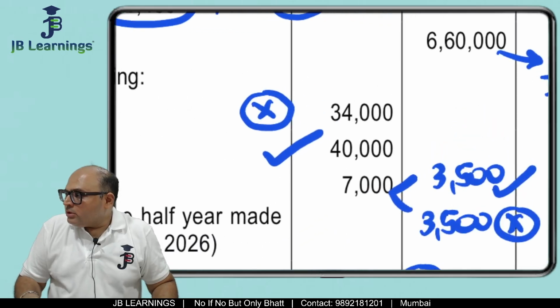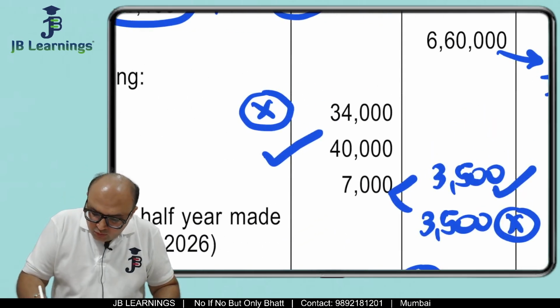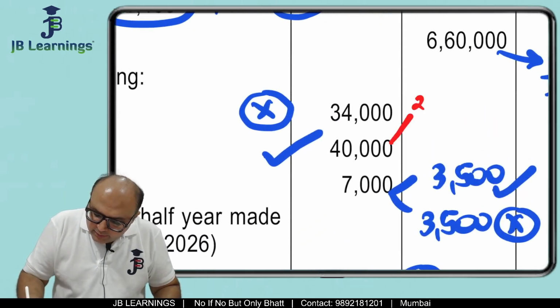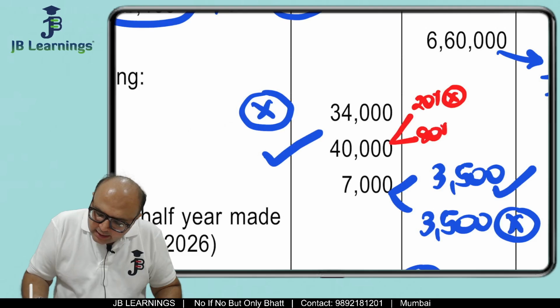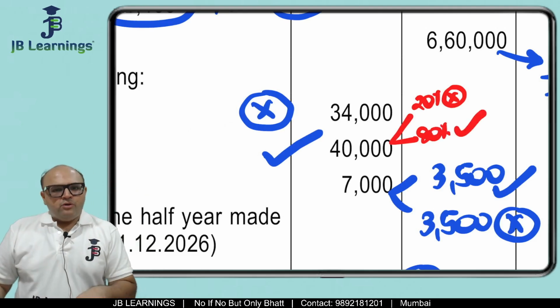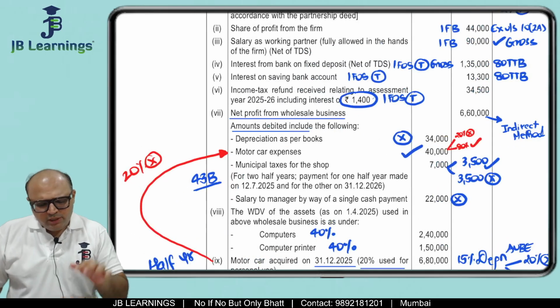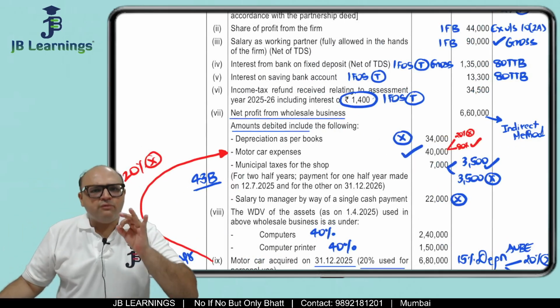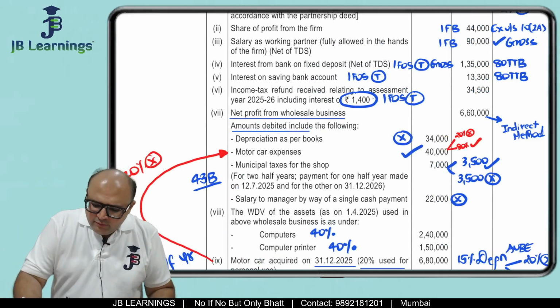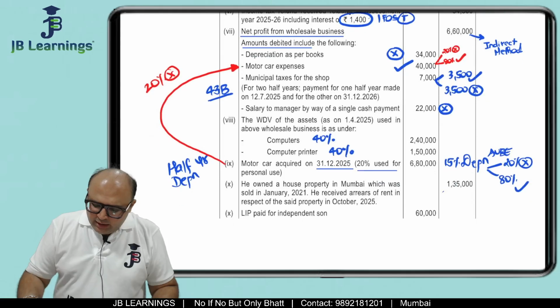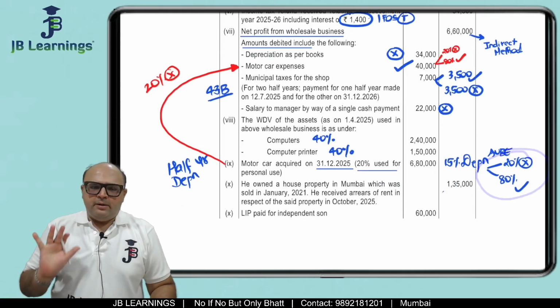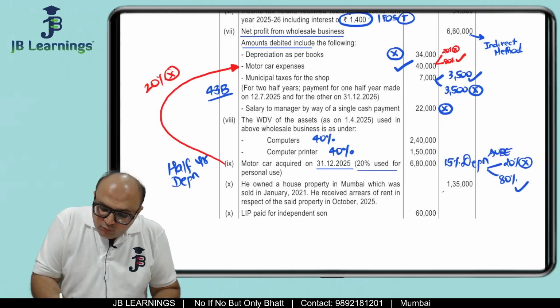So from motor car expenses also 20% would be related to your personal motor car and 80% would be related to your business. This is very, very important, because I have seen the majority of students do the depreciation calculation properly, but forget the motor car expense.